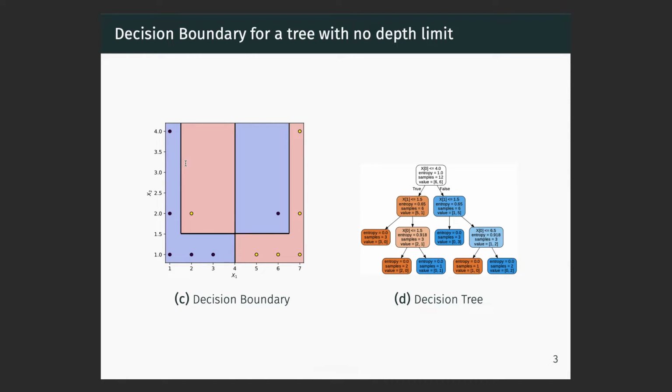Let's make a decision tree without any limits on the depth. You can keep on going and keep on partitioning this space, and you'll end up with something like the following. You see a red region within a blue region, and a blue region within a red region.